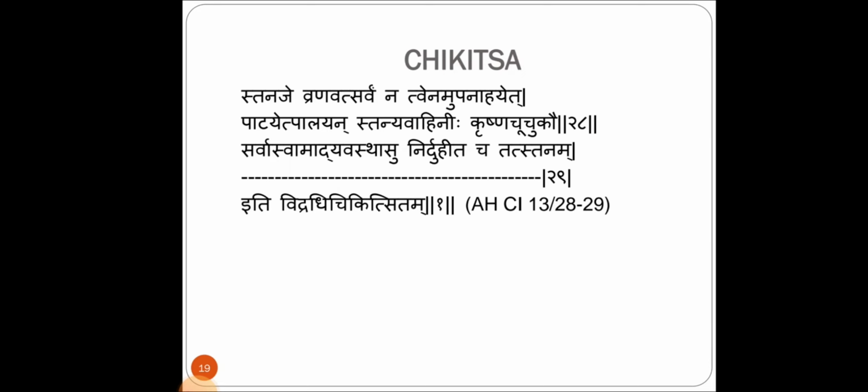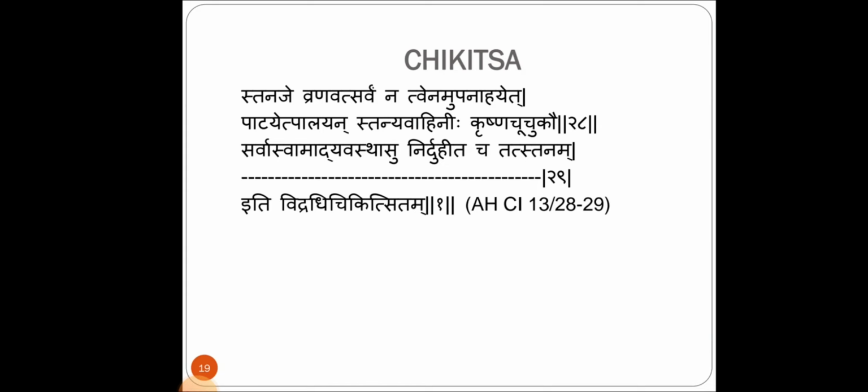And throughout the treatment of Sthana Roga, it is told that Dhatri Stanam Satatam Nirduhet, that is constantly the stagnant milk needs to be expressed out through the affected breast. Breastfeeding is not advised from the affected breast.